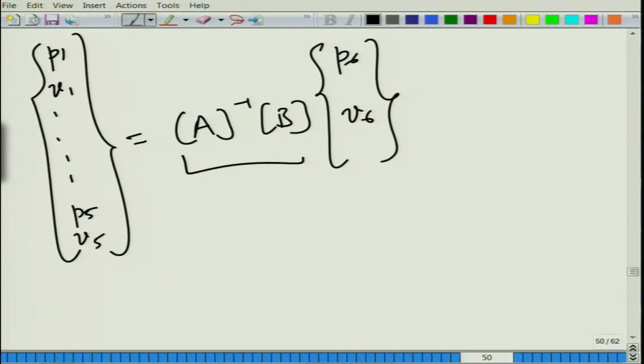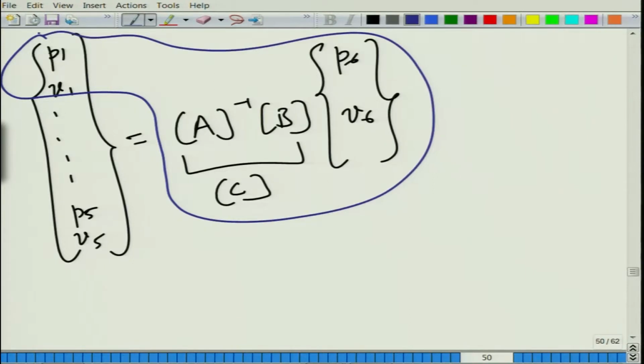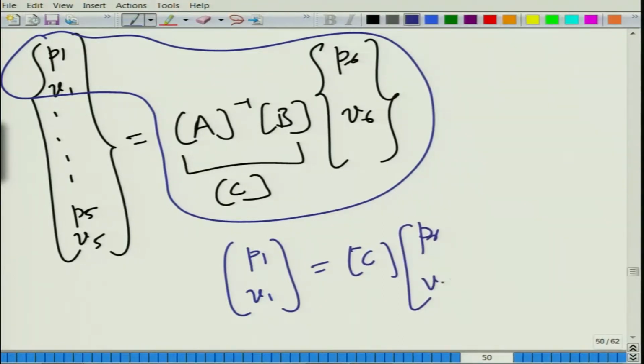So, this is your C matrix. P1 V1 is related to the things at the port here through the C matrix, where C is A inverse B, and it is analyzed in the following manner.